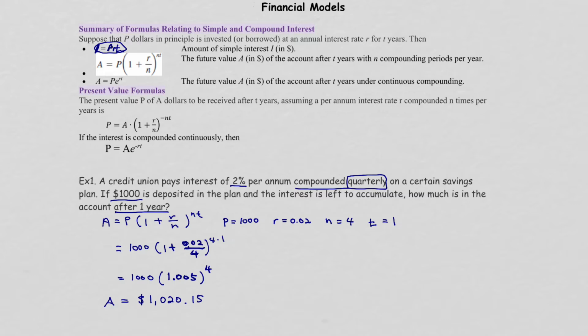So this is the total amount, which means principal plus interest. Since we put in $1,000 as the principal, your interest itself is just $20.15 after 1 year. But they were asking you to find the total amount, so that's your solution.